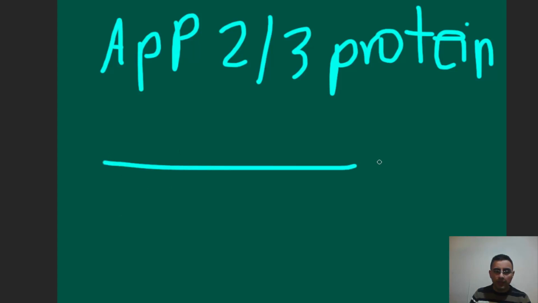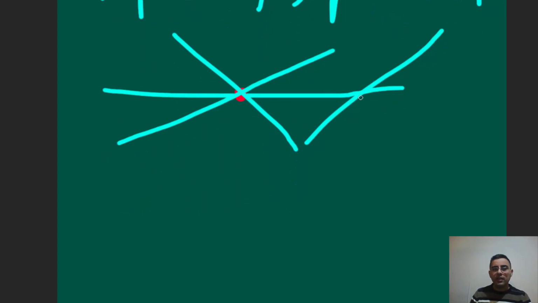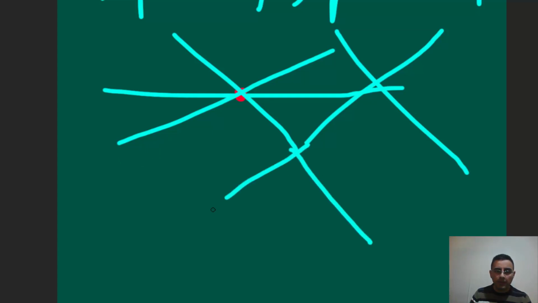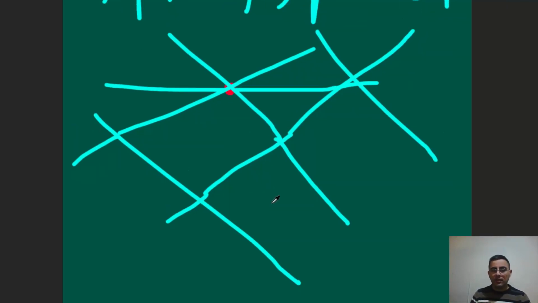If a filament is here and this protein is here, this protein adds another filament here, and here, and here, and so on, and it will create filament networks. And it creates the cytoskeleton too.